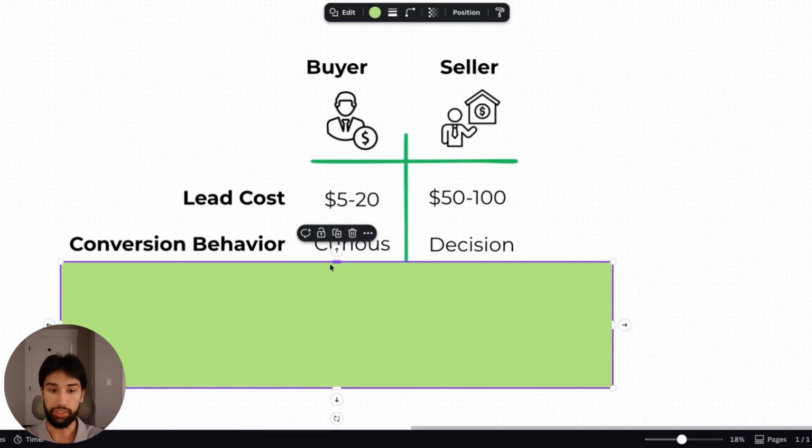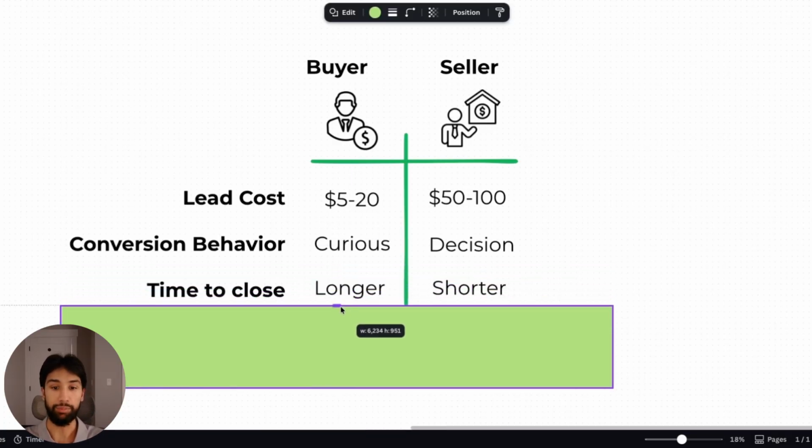That leads me to my next point, the time to close. A big difference between buyers and sellers is the pipeline duration. Buyer pipelines tend to stretch way more, especially in competitive markets. The usual timeline for a buyer extends out to months, and the home search alone makes up the majority of that.